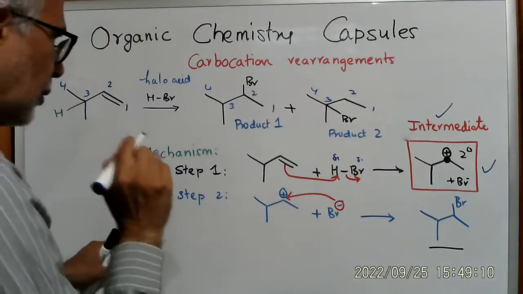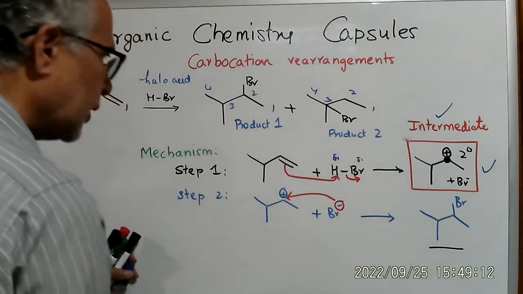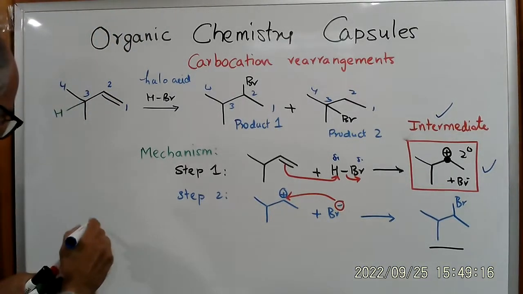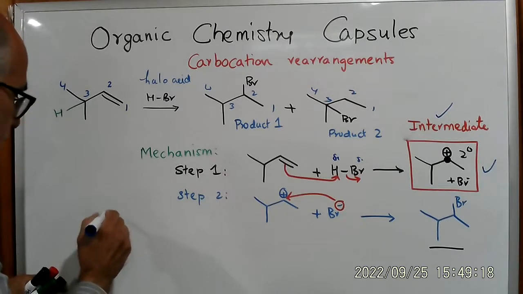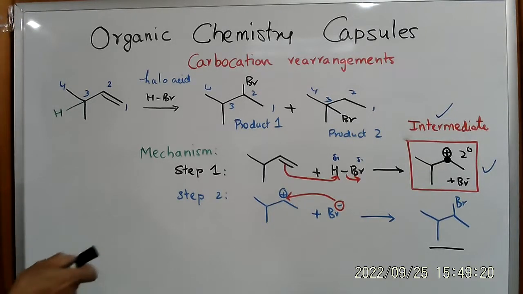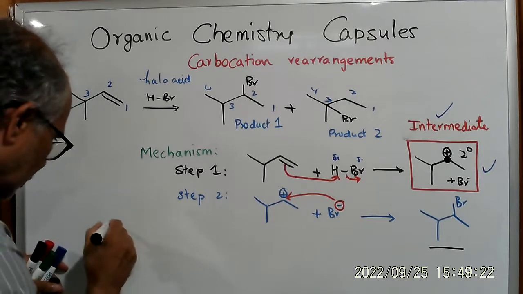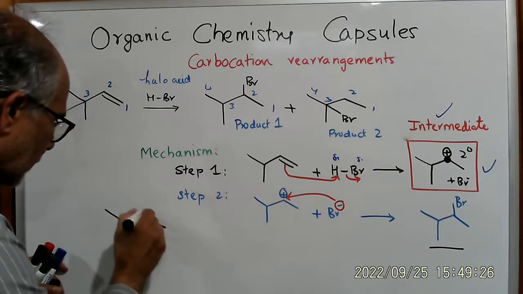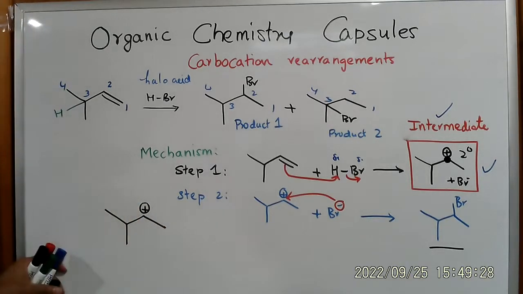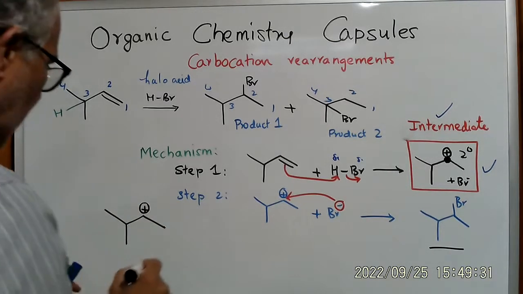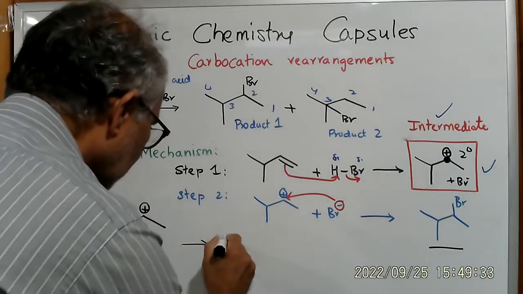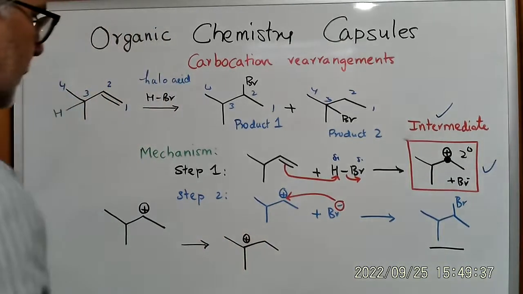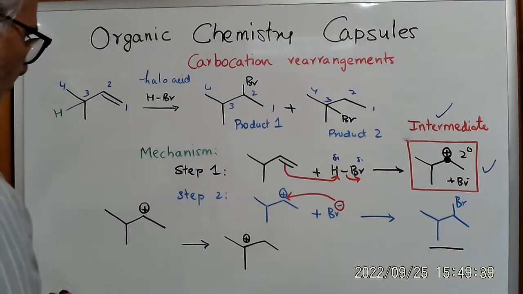So somehow the intermediate carbocation, let me write that here, must become this carbocation. Let's see how that happens.